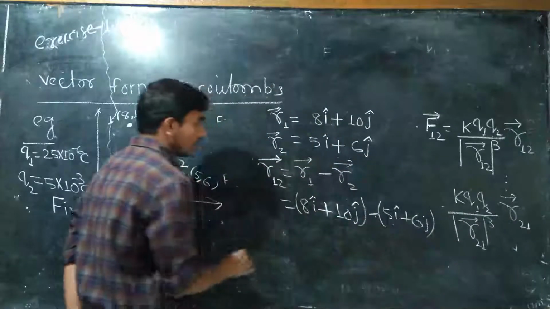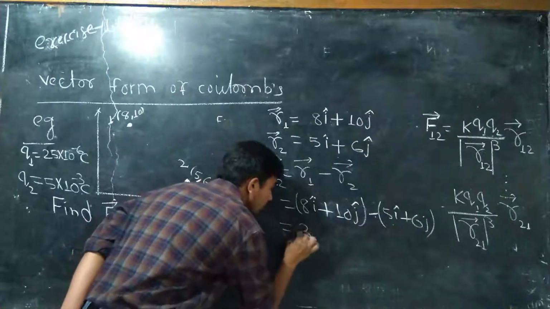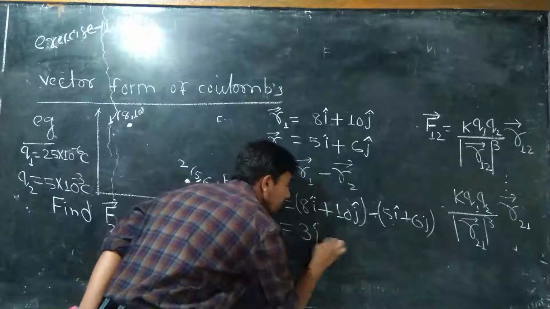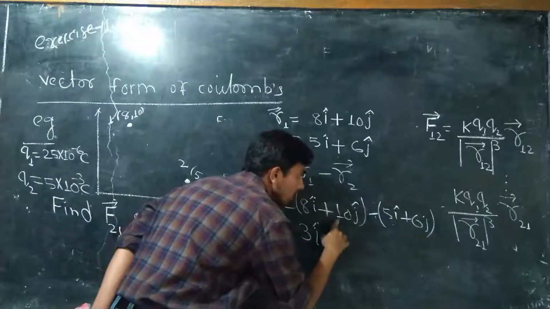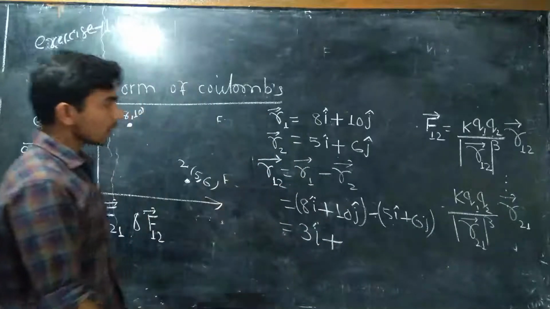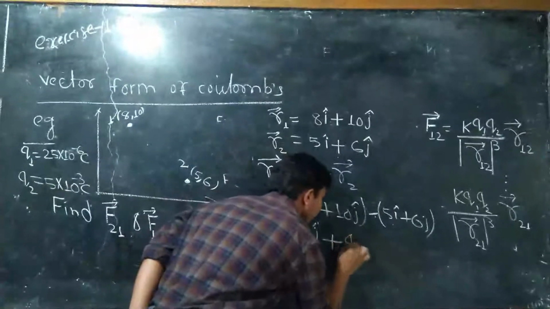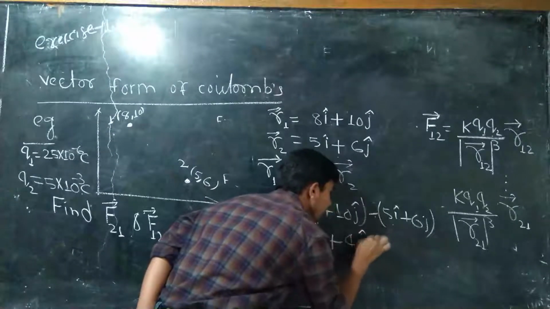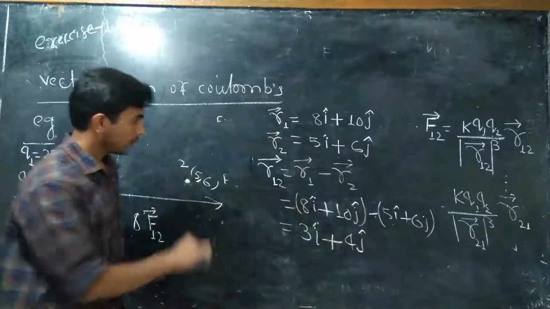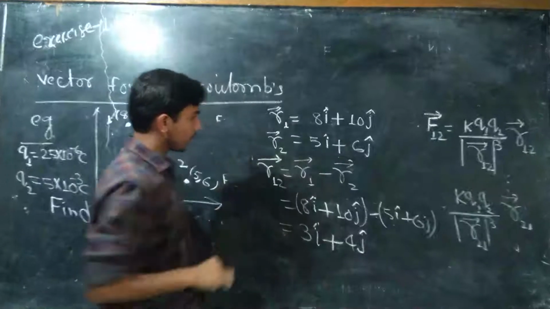If you subtract this, you will get the value 3I plus 4J, right? So now this one is calculated.